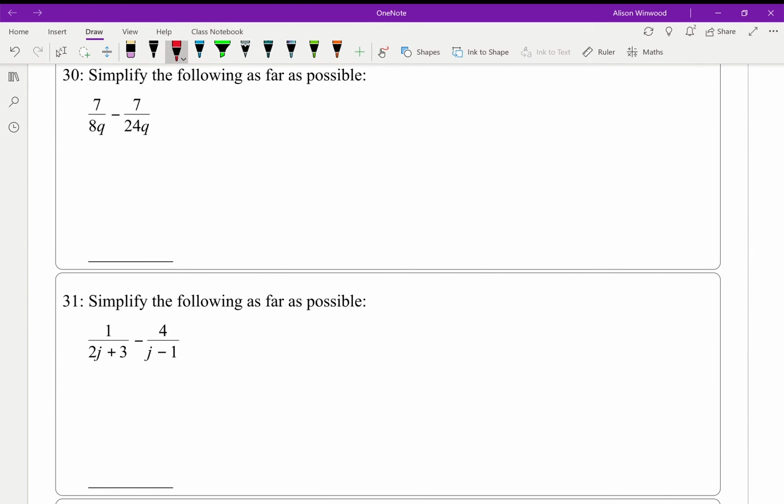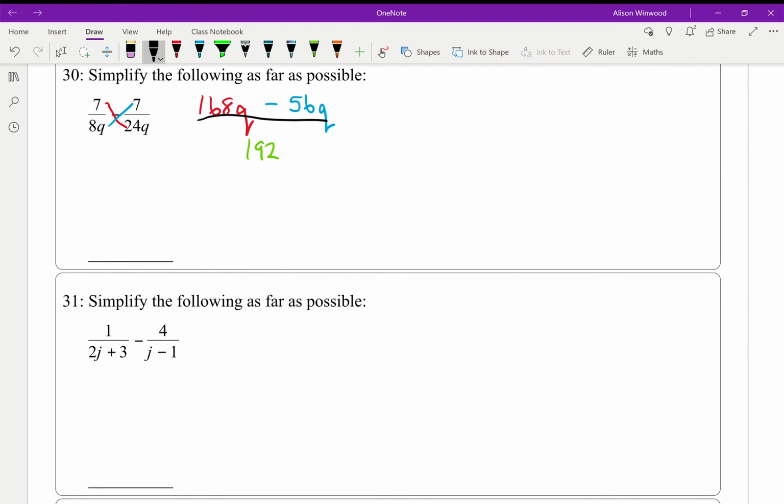So same for this fraction as well, so cross multiply. Seven times 24 is 168 minus 56q all over 8 times 24 is 192.